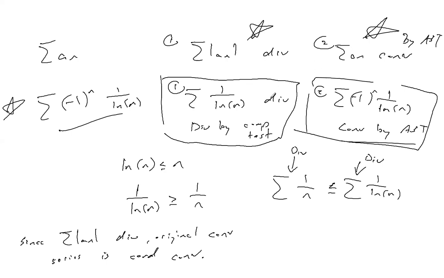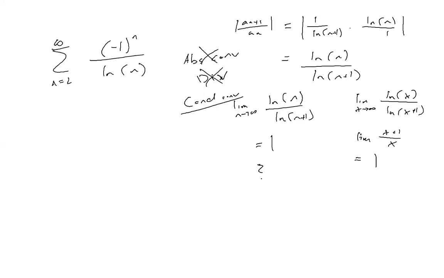Whenever we're showing conditional convergence, we can't use the ratio test and root test to get to our conclusion. Going back to the previous slide, when we did the ratio test, we saw the limit equals 1, so that's inconclusive. That shows that the ratio test and root test are never going to give us a clear answer when something's conditionally convergent. So whenever we're trying to show conditional convergence, we have to rely on our other methods.